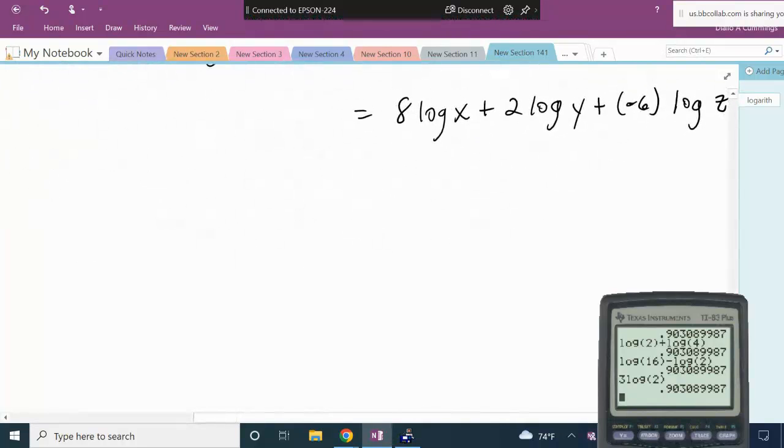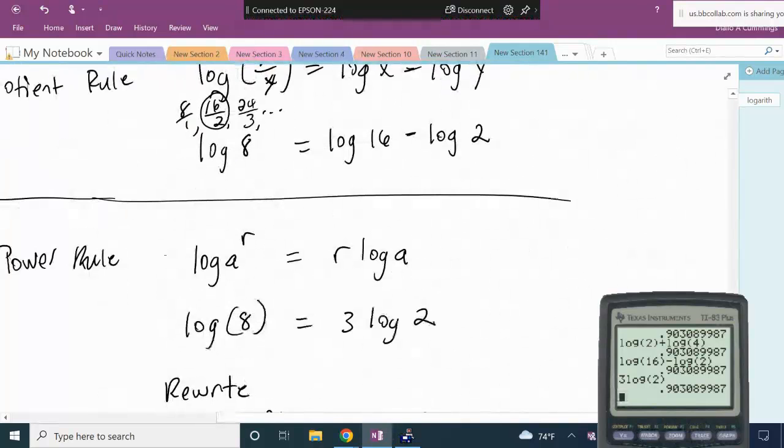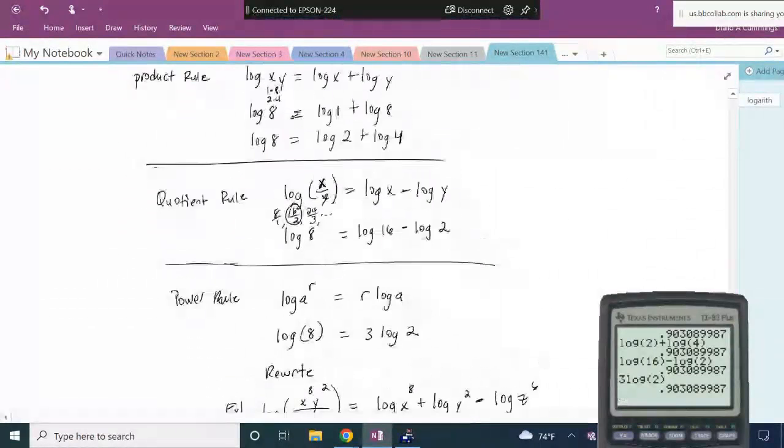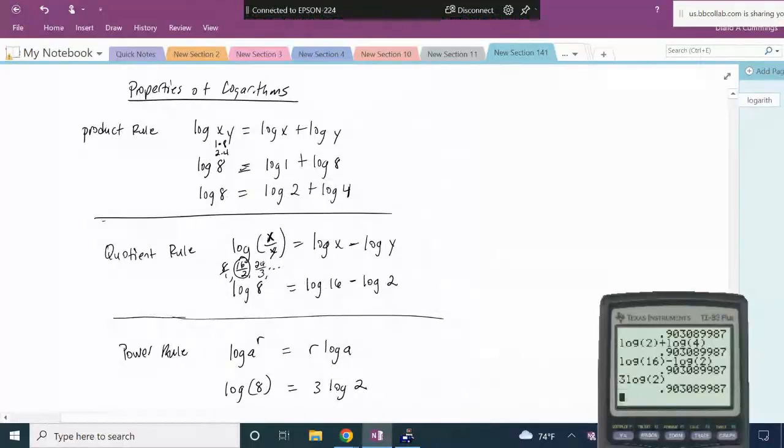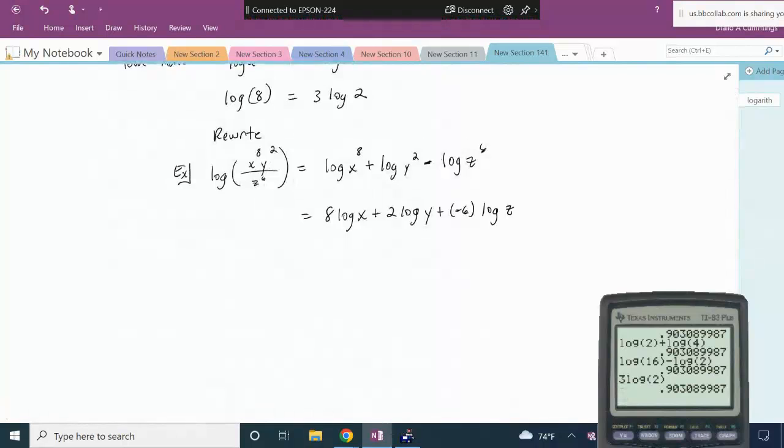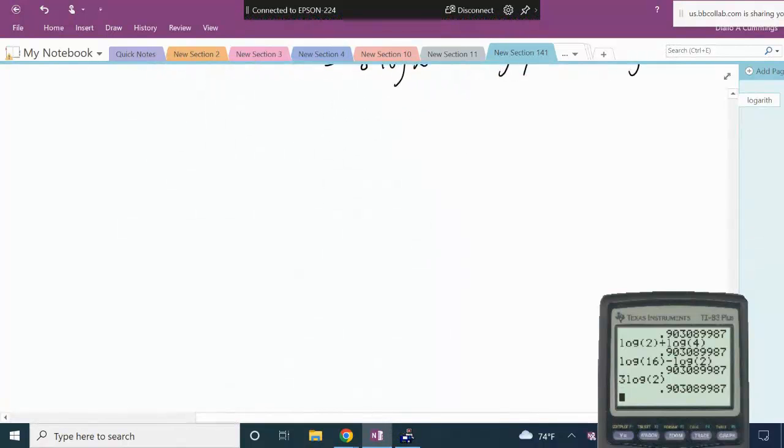Okay, we're going to work with natural logs. Okay, now these three rules, they work for common logs, natural logs, any logs with the same base. So let's take a look at this example.